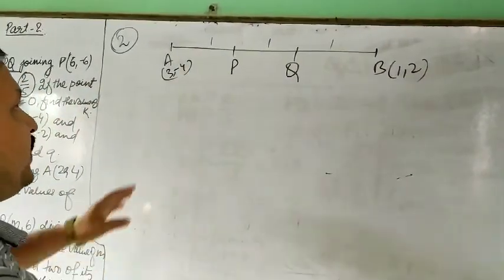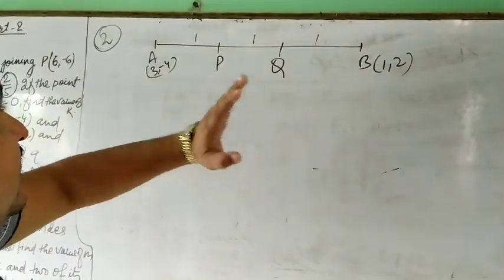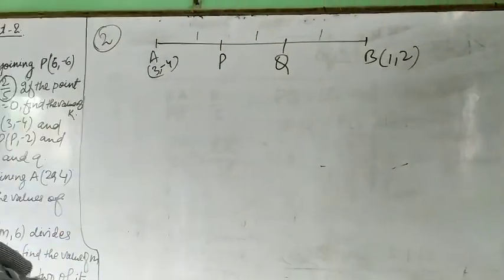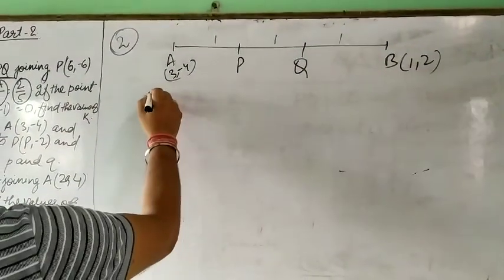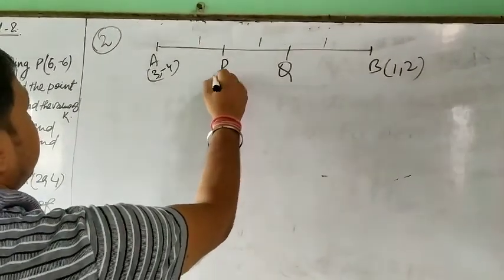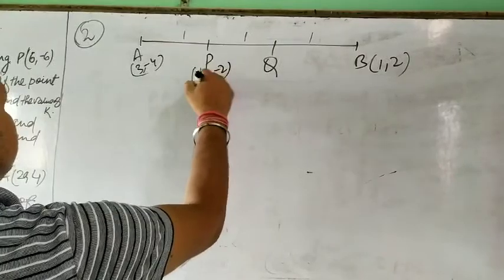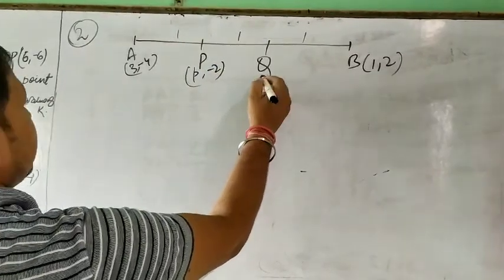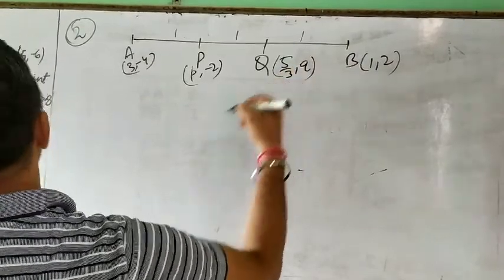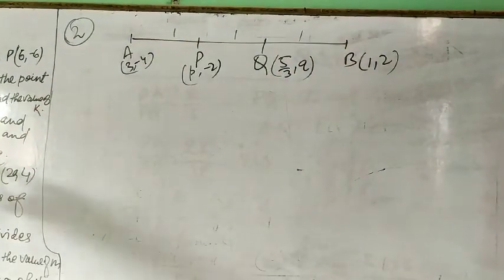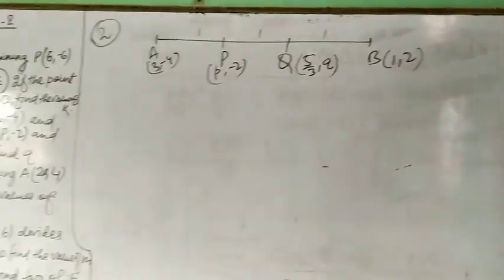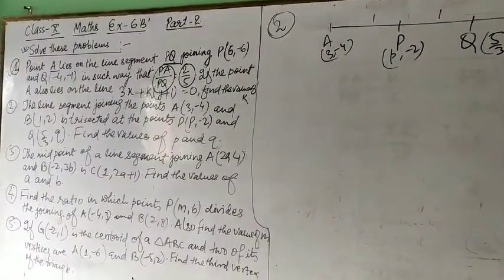That means P and Q divide the line segment into 3 equal parts. Find the value of P and Q. Also find their ratio. No, ratio is given here.